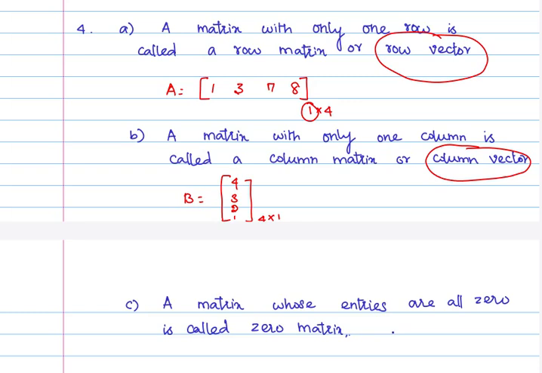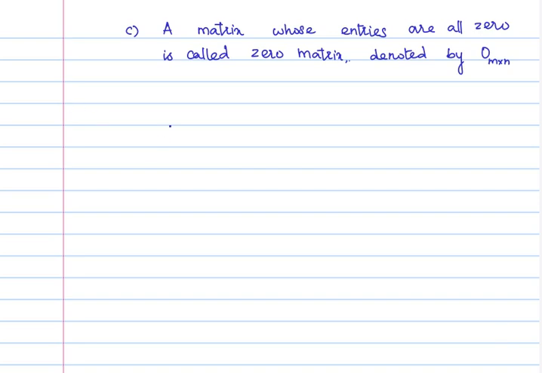It is denoted simply by 0, and sometimes they give the order. Suppose it is an m by n matrix, then they write 0 of order m by n. For example, 0 of order 2 by 3: 2 rows, that is first row, second row, and 3 columns, so 3 zeros in each row. This is an example of a zero matrix.